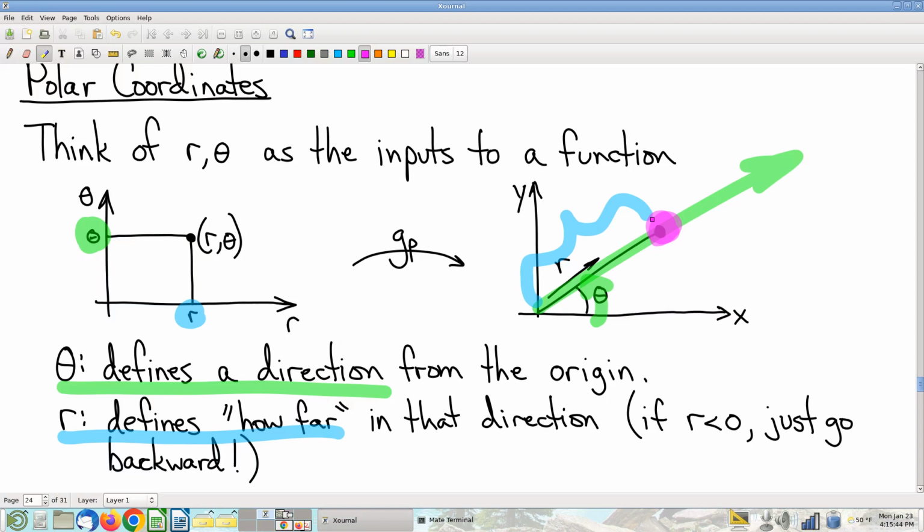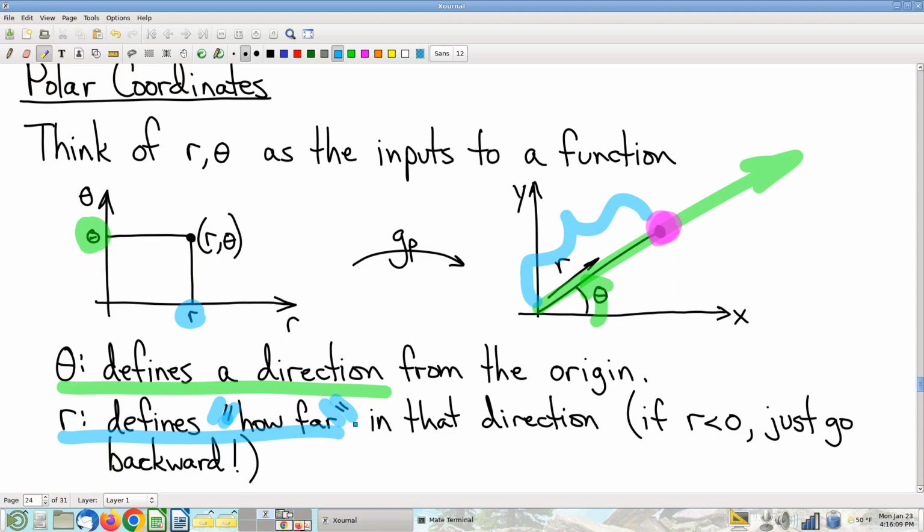Now, let me clean up my sloppiness. I say how far. r tells you how far to go. How far implies a distance. Distances are positive. That's a problem because r does not have to be positive. It's perfectly acceptable for r to be a negative number. So this is a problem of language mostly. That's why I had to put the quotes on how far.